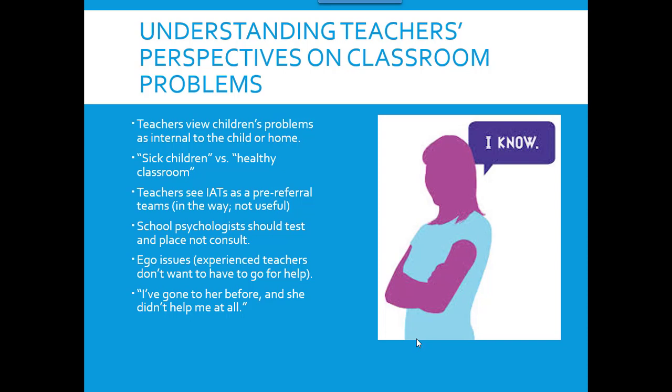Or, if you're not the school psychologist or the consultant at that school, but somebody else is, they may say, well, that school psychology person, that role, hasn't helped me in the past either. So it is really important, if you want to advocate for consultation and setting up interventions, that you start off with things that show success so that the teacher really will trust you.